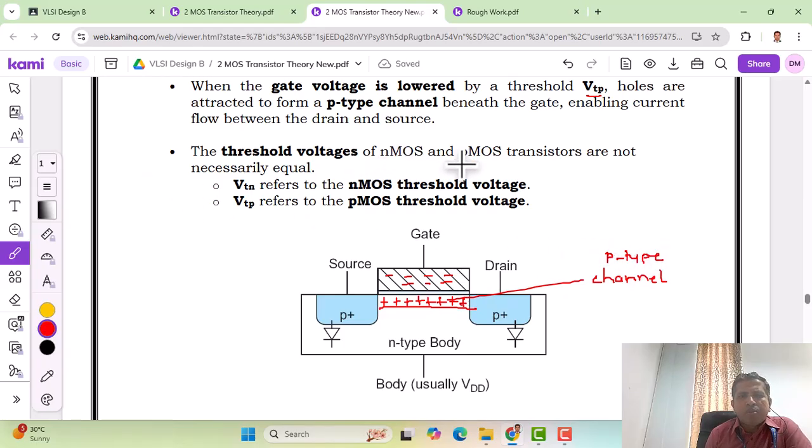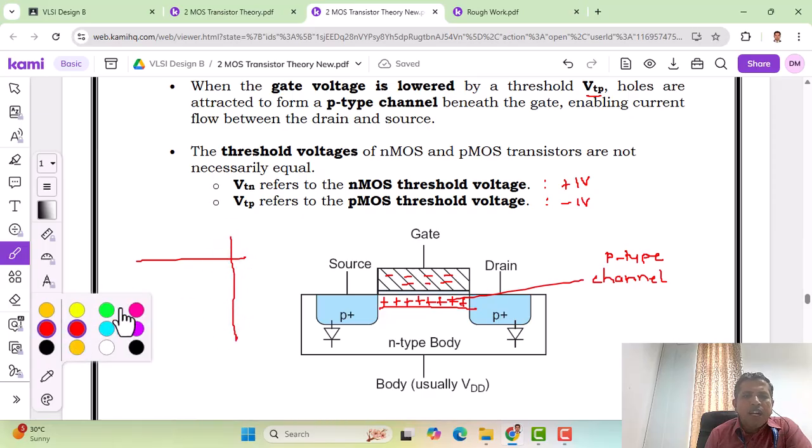The threshold voltages of NMOS and PMOS transistors are not necessarily equal. Generally, for the NMOS transistor we have taken plus 1 volt, whereas for the PMOS transistor we will take minus 1 volt. That is the threshold voltage. In the VGS versus ID graph, if you take VGS along the negative x-axis and ID along the negative y-axis, in the third quadrant, both are negative for the PMOS transistor.